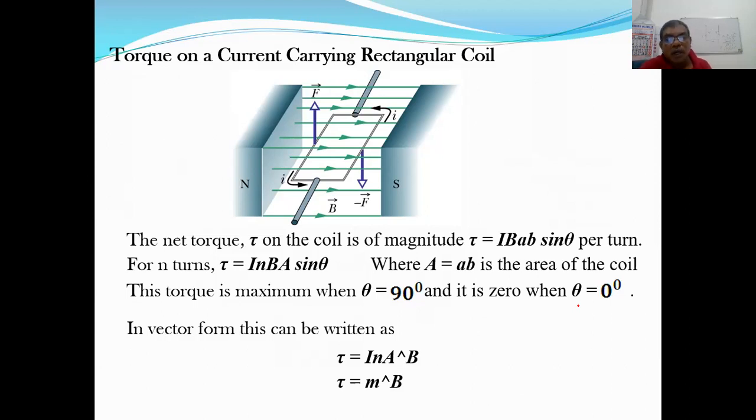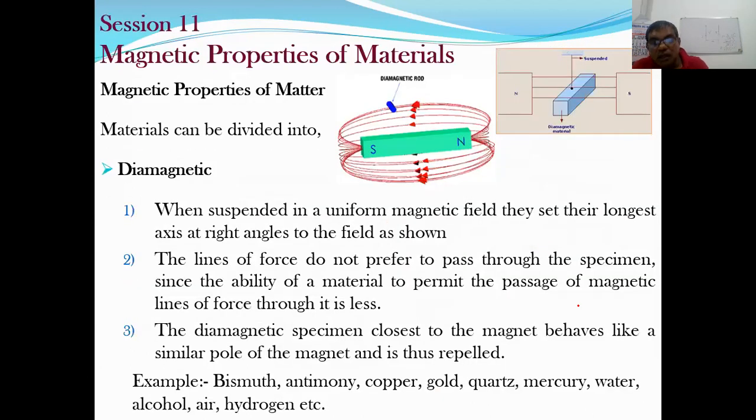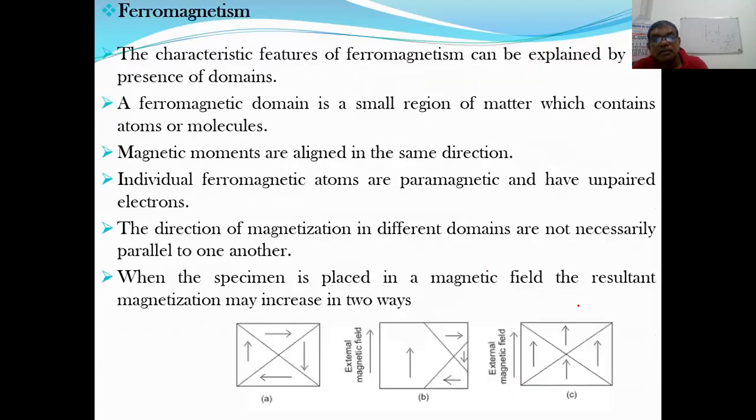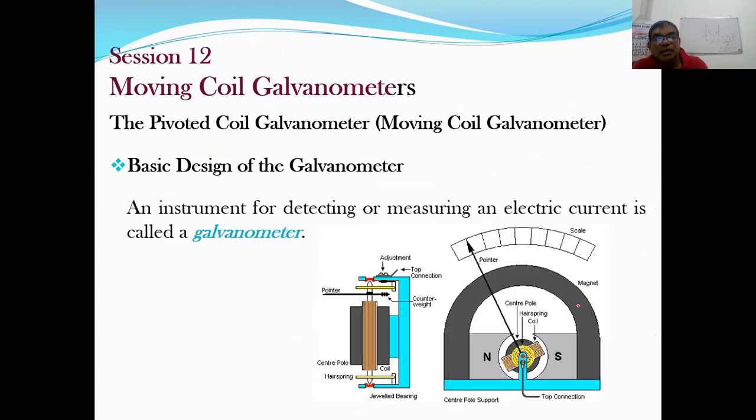Now we are going to talk about the torque on the current carrying rectangular coil. Now we have a rectangular coil, then there is a torque on the rectangular coil. Slowly we are coming to the moving coil galvanometer.